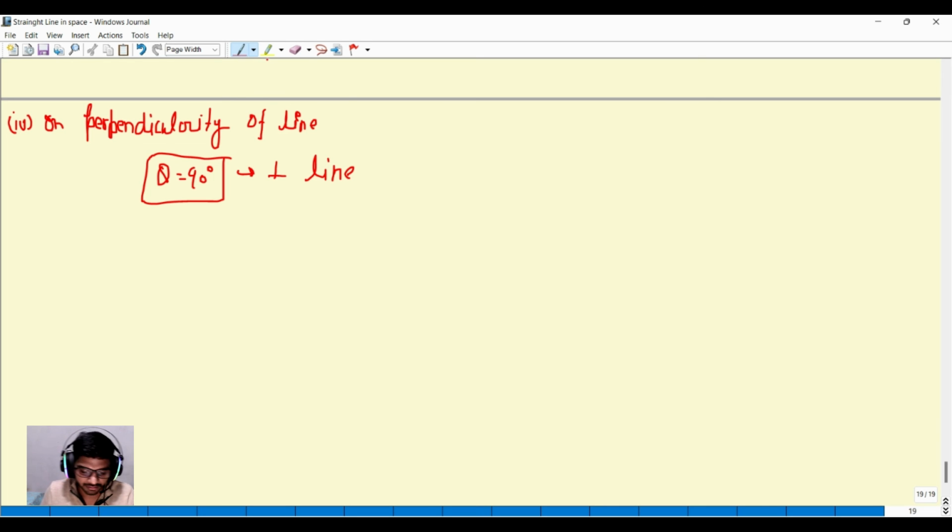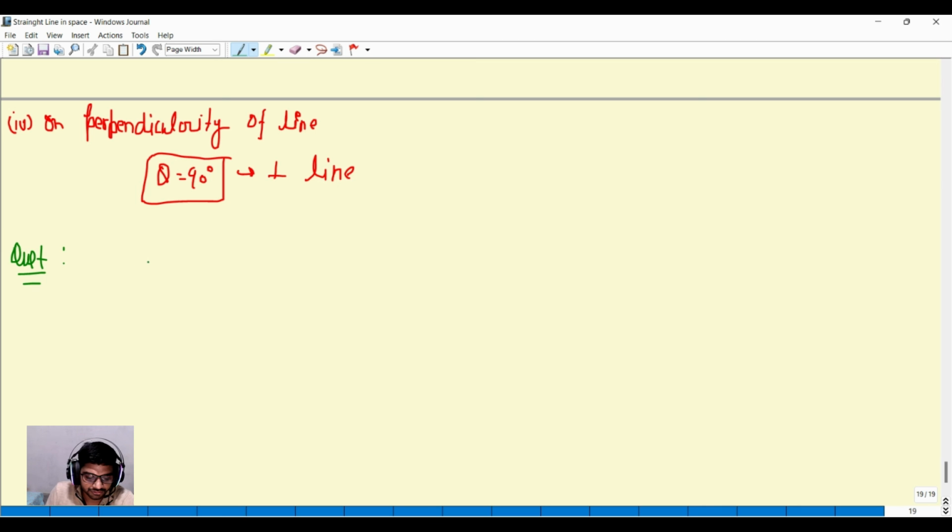So first we are going to take it like this. Basically we do that with the help of direction ratios. How are we going to implement that? Just take a question, and with the help of that I'm going to explain.